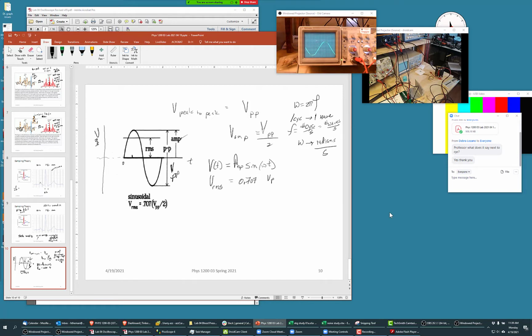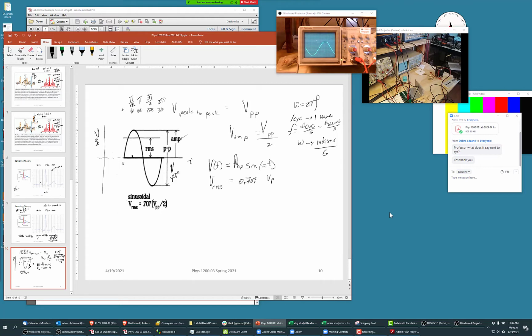So if I multiply that by 2 pi f, I get radians per second, because there's 2 pi radians in one cycle, because this is from 0, 90, 180, 270, 360, or pi over 2, pi, 3 pi over 2, 2 pi.